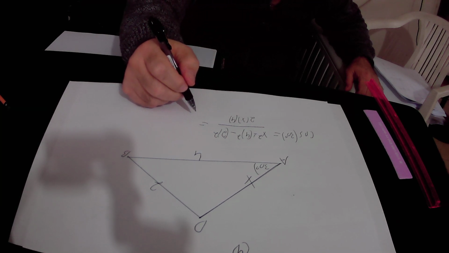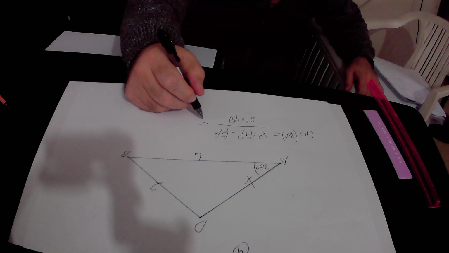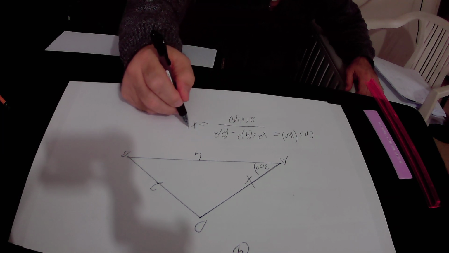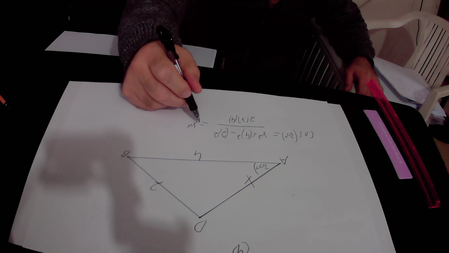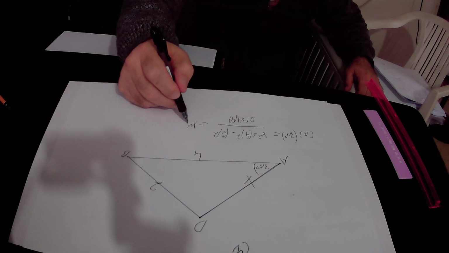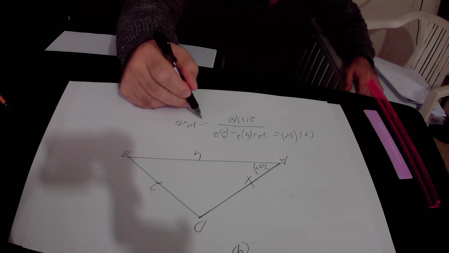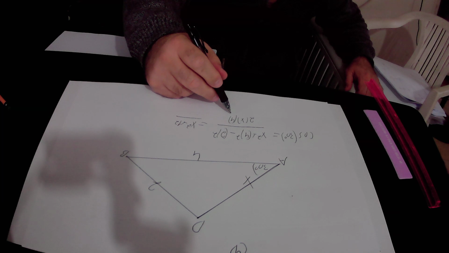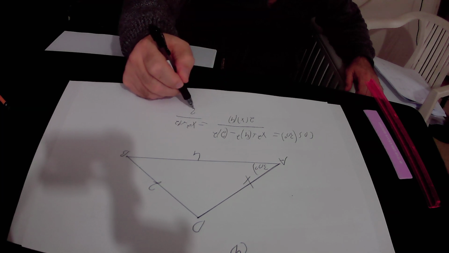Actually, x squared plus 4 squared is 16, minus 2 squared is minus 4, 16 minus 4 is 12, over 2 times 4 is 8, 8 times x is 8x.